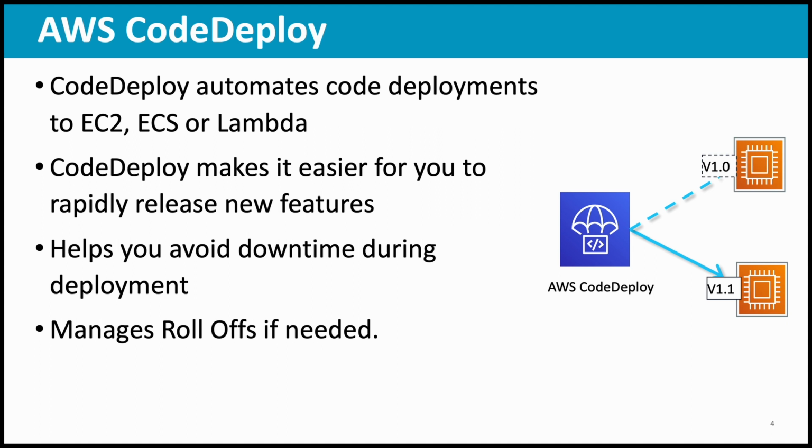And it helps you to avoid downtime during deployment, and it can manage rollbacks for you if required. For example, your automated installation fails for some reason, and maybe it can retry a couple of times, and if it still fails, it can actually do the rollback from all the related application servers. That is another advantage. Okay, with that, let us start our hands-on exercise.